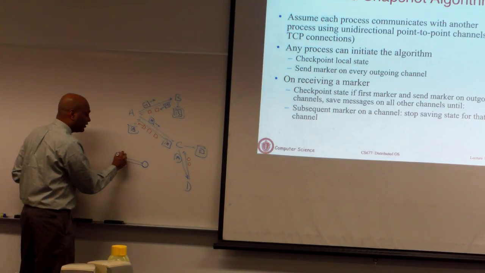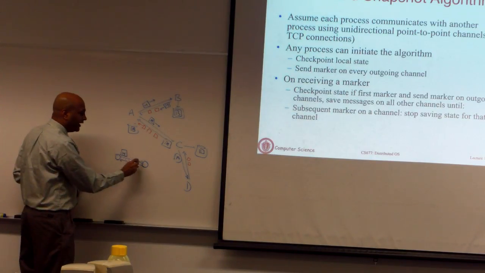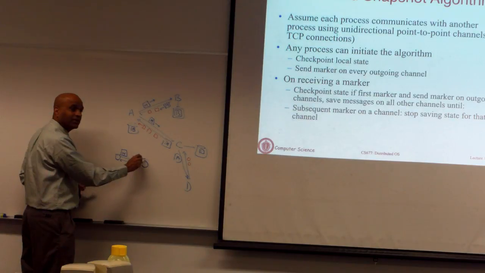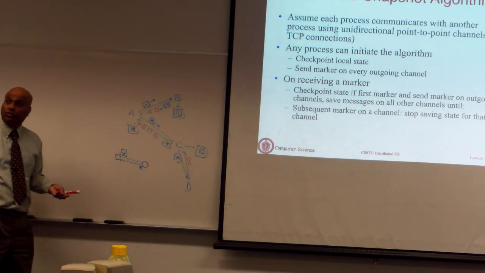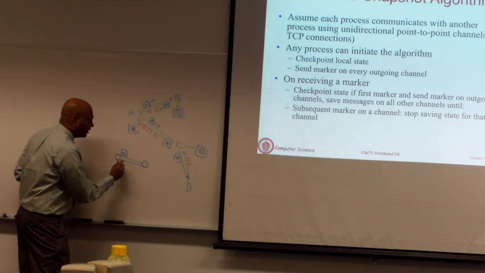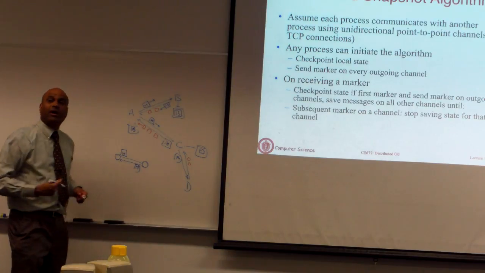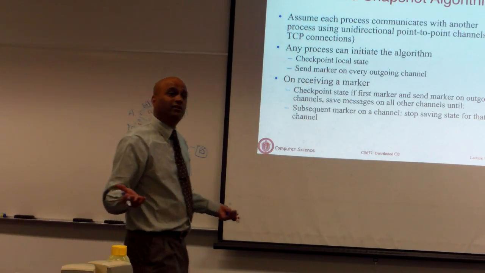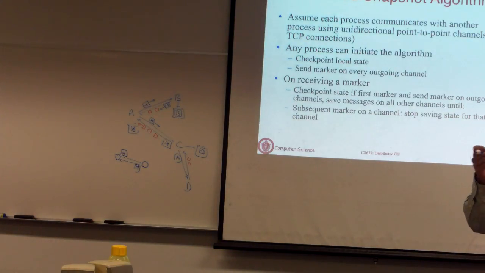So if I send a marker message here, it is guaranteed that when this marker message reaches there, another marker message will be sent, because you always send it out on your outgoing connection. So if you send something here, something is guaranteed to come back. And when you receive a marker message on your incoming channel, that says stop recording. So you are guaranteed to receive a stop recording message on your incoming socket.